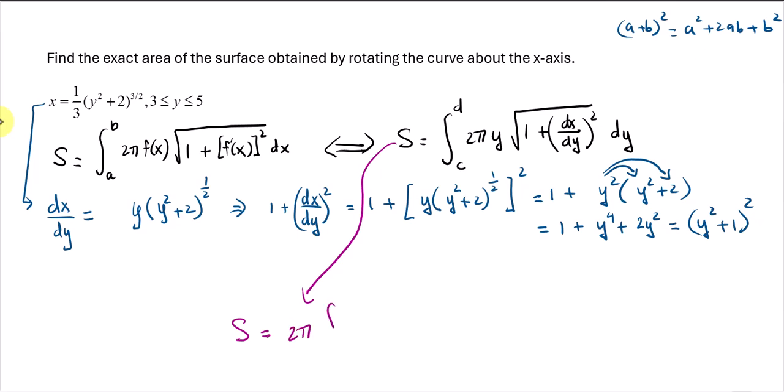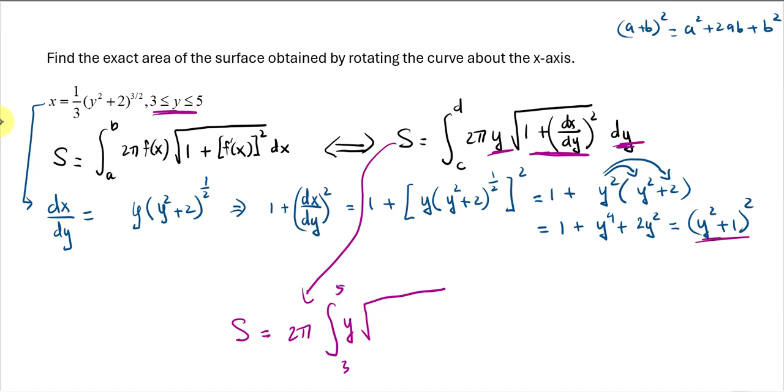And then we know that y is running from 3 to 5. So that would be 3 to 5. The y will stay as the y because everything is written in terms of y. And then we have the square root of the entire 1 plus dx/dy squared.